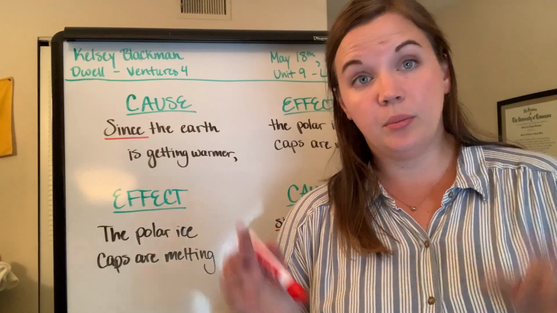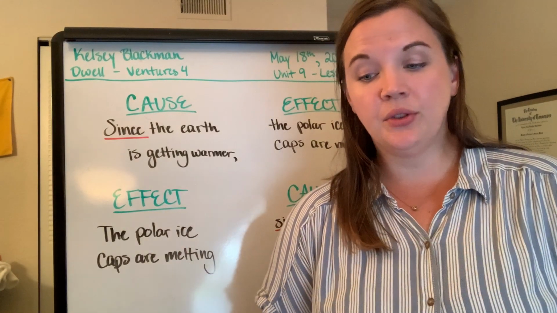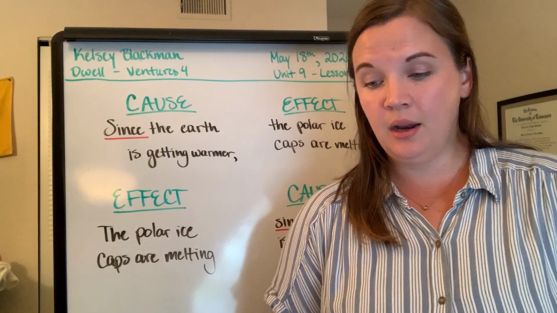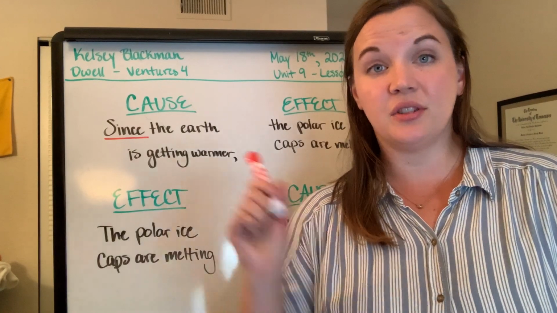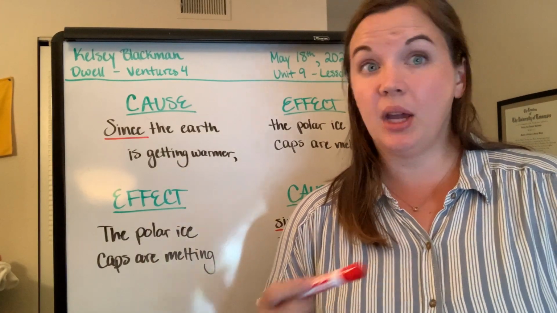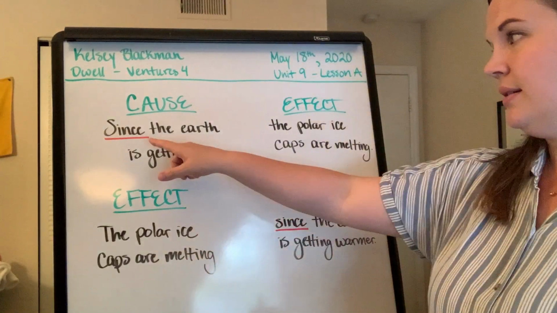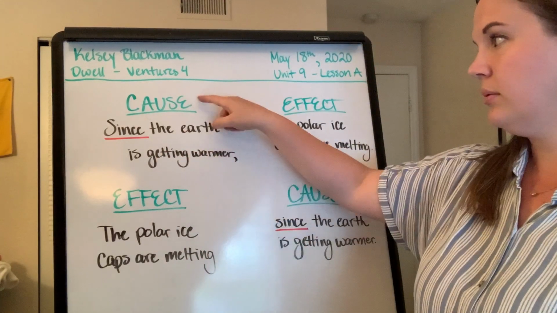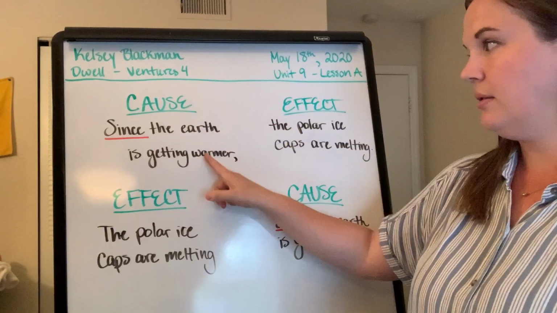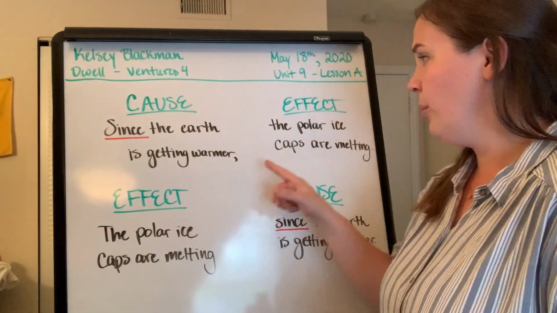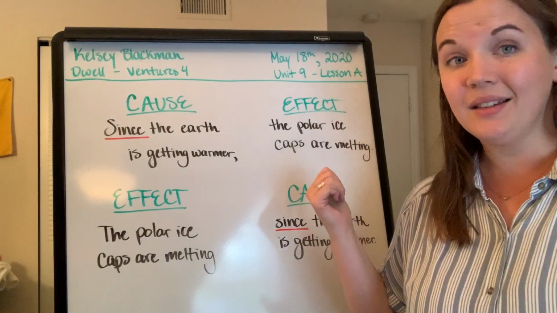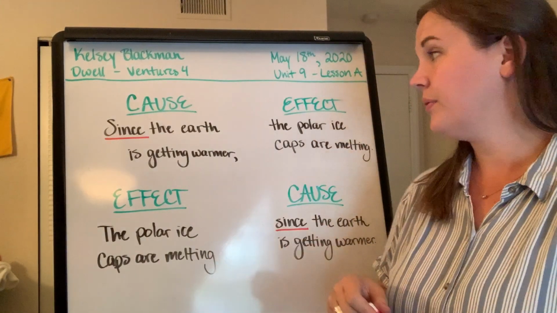You can also, by the way, show cause or reason by replacing the connector since with the word because. So here's our example. Since the Earth is getting warmer, that's the cause or reason. Since the Earth is getting warmer, the polar ice caps are melting.